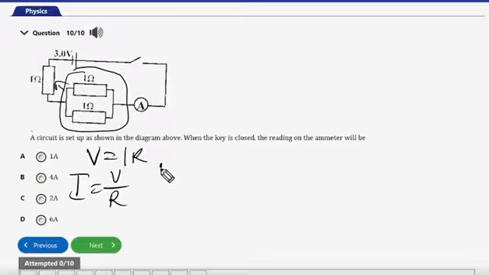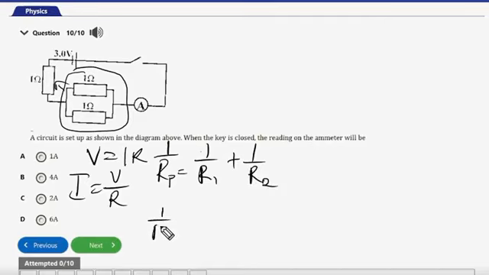So R for the parallel connection is going to be 1 over R is equal to 1 over R1 plus 1 over R2. So in this case, 1 over R for the parallel connection will be 1 over 1 plus 1 over 1.